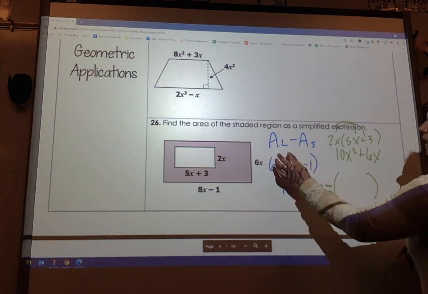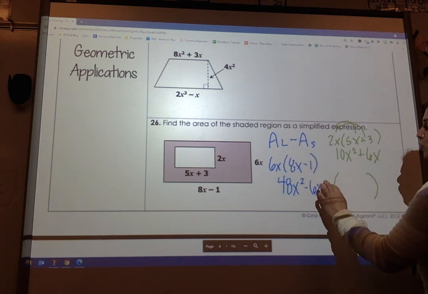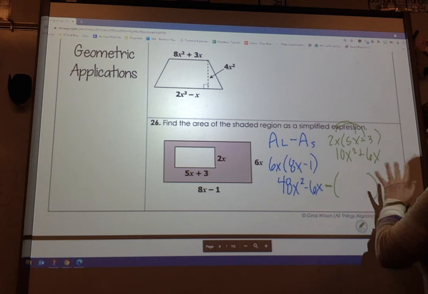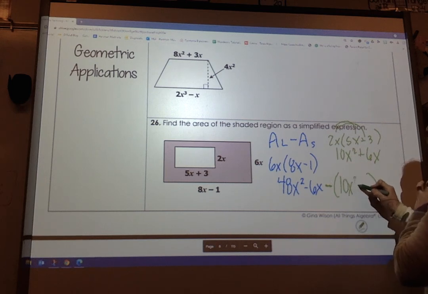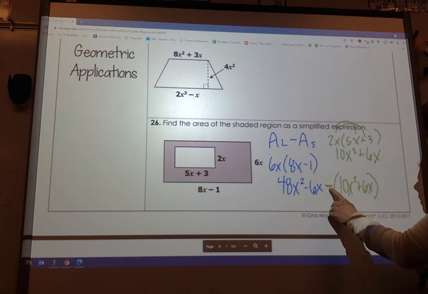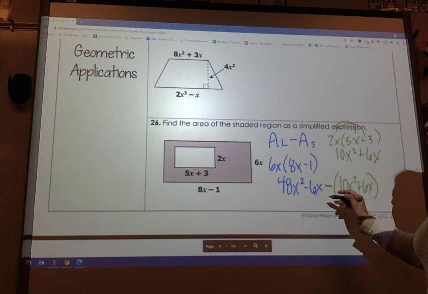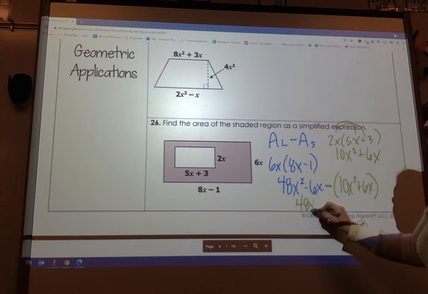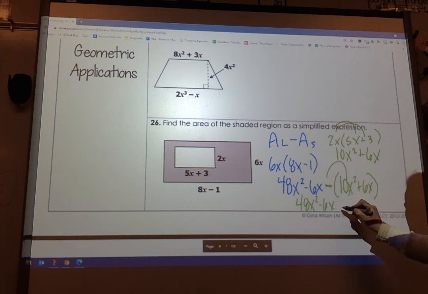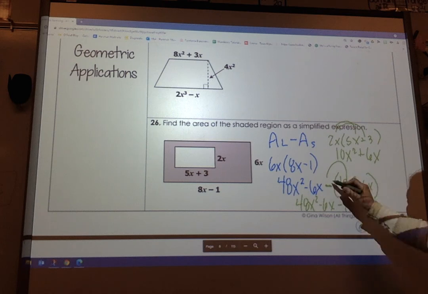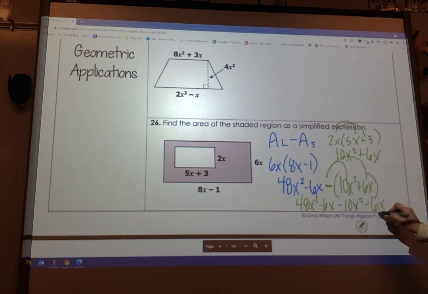So when you have the area of the large and you subtract the area of my small, notice I put it in parentheses because this tells the reader that you have to distribute that negative. So when you distribute the negative, you get 48x squared minus 6x, distribute negative 10x squared and a negative 6x.